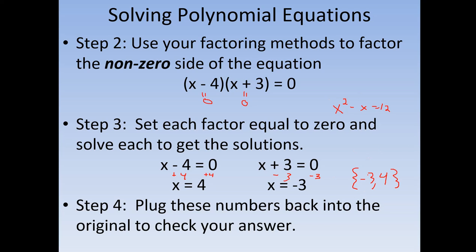So for example, if I put negative 3 in for x in here, square it, minus negative 3, I end up getting 9 over here. I get minus negative 3, which is just plus 3, which does equal 12. And if I did the same thing with the 4, I would get, again, the same number. All right, so pause the video, work on these yourself, and we'll go over in a second.